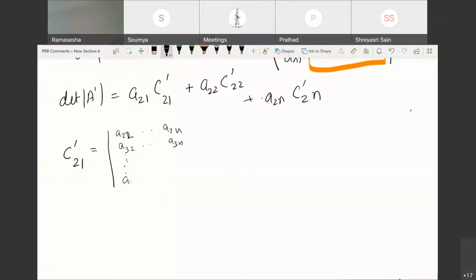A3, AN2, ANN. Right? So this is actually C21. It's C21 itself, right? C11. So rather, it is C11.